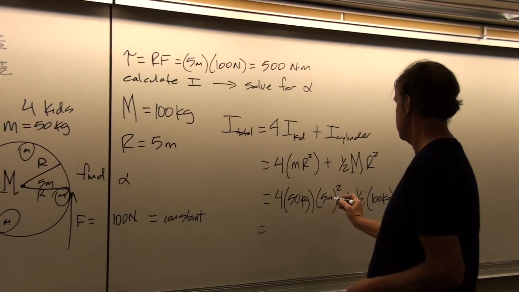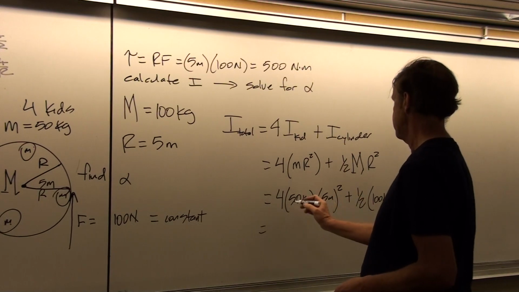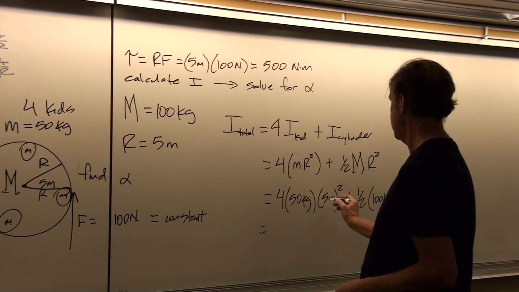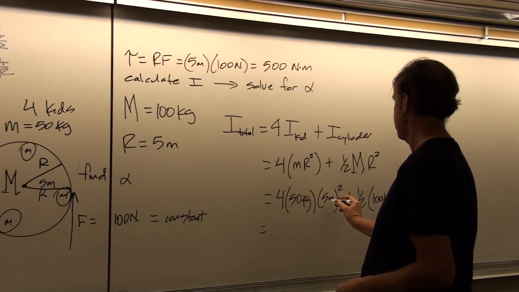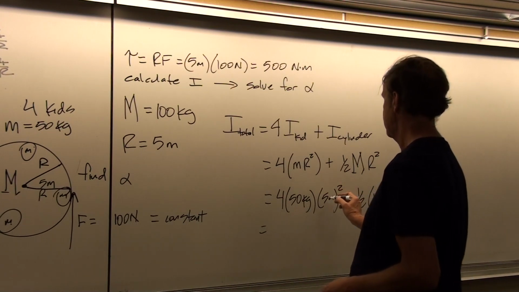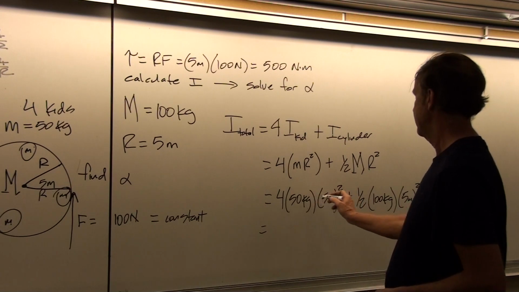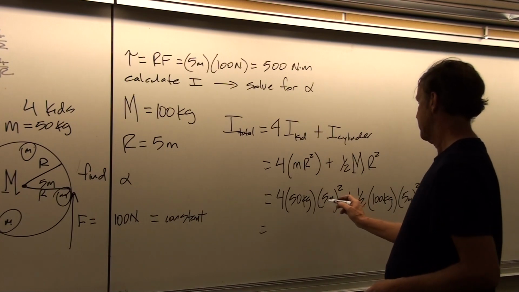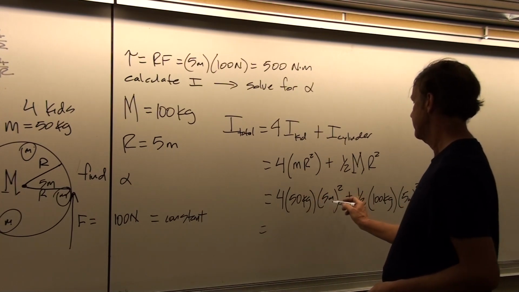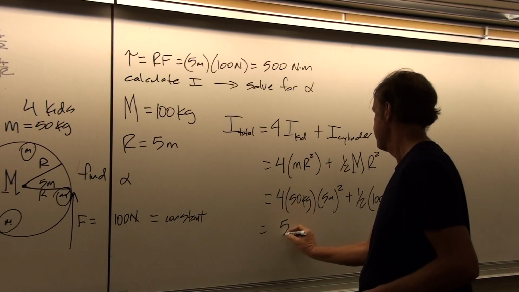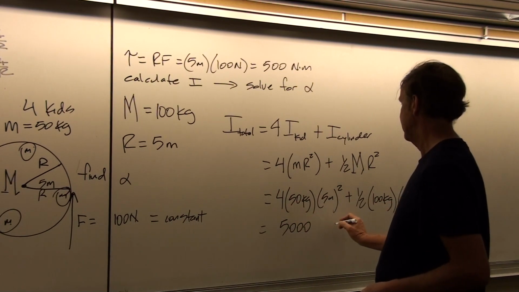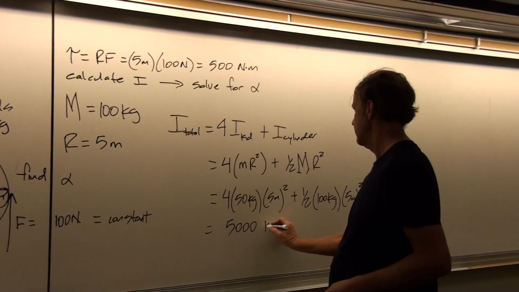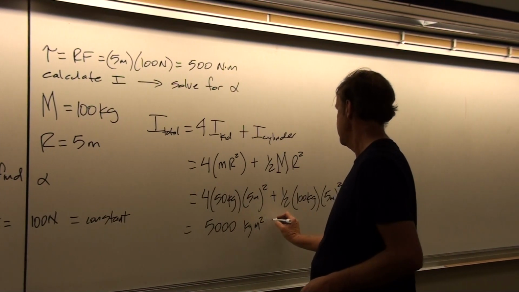So this is going to be equal to 200 times 25. 100 times 25 is 2,500, and so 200 times 25 would be 5,000, with units of kilogram meters squared.